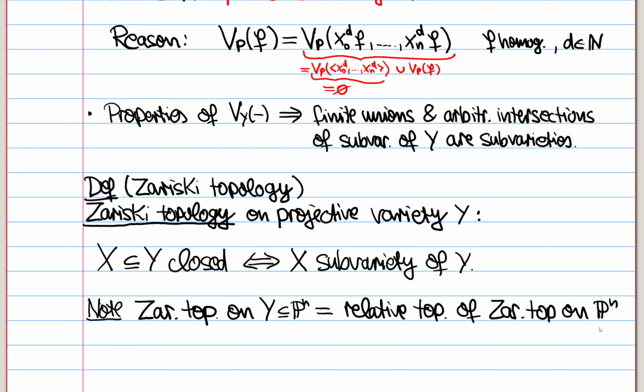And this uses the fact that a subvariety of Y is just a variety inside Pn contained in Y. So here in this video, we have generalized the coordinate rings, relative vanishing loci, and then the Zariski topology to the setting of projective varieties. And so on our quest to make projective varieties into actual varieties, we have now defined them both as sets and as topological spaces.